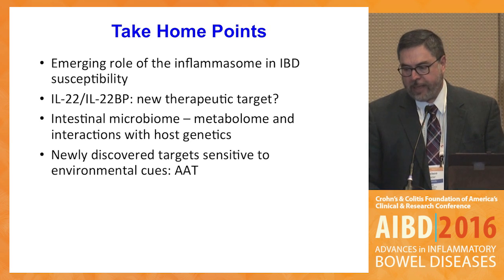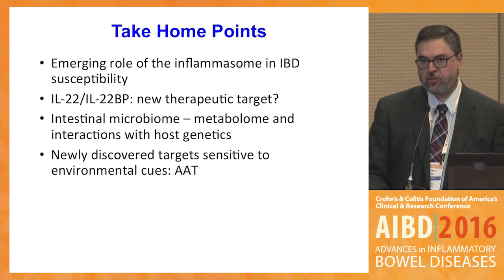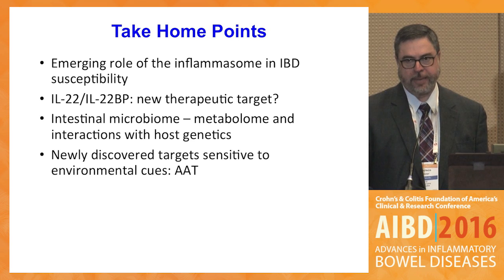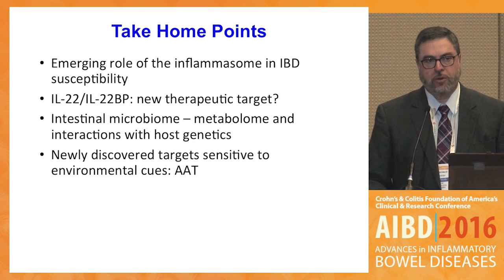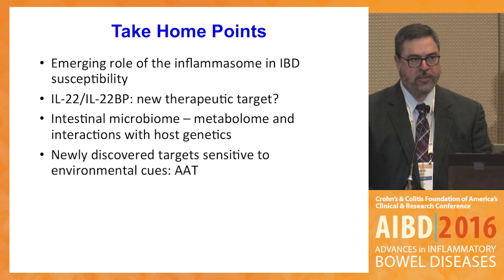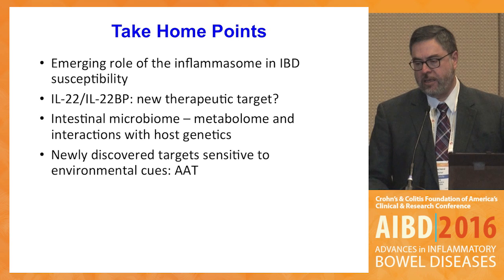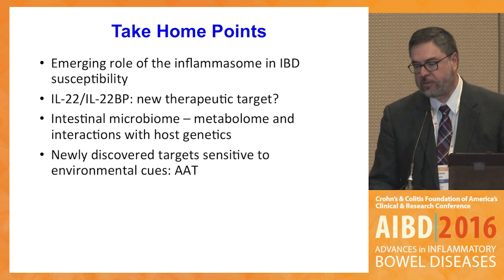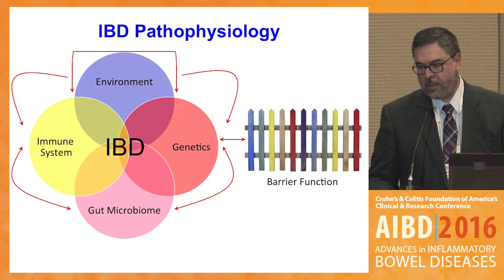The intestinal microbiome and its metabolome and its interactions with host genetics and the individual variation are things to think about as we approach therapies. And also probiotics such as Faecalibacterium prausnitzii that are not in the Lactobacillus bifidobacteria category may in fact play important roles. And very importantly, as a result of the risk study, the ability to predict clinical outcomes in pediatric Crohn's disease is here and now.